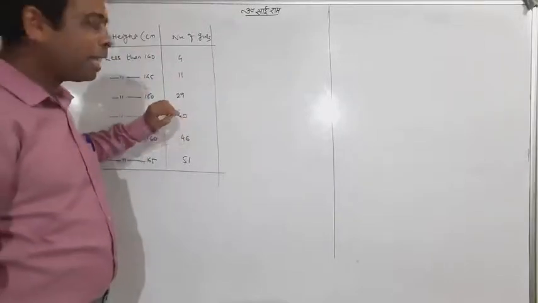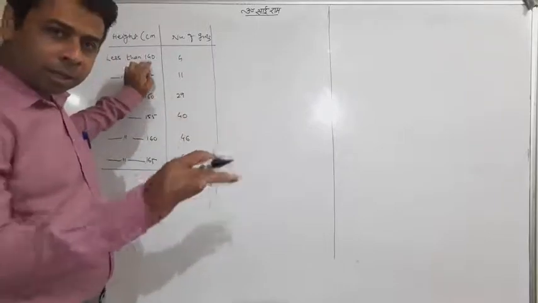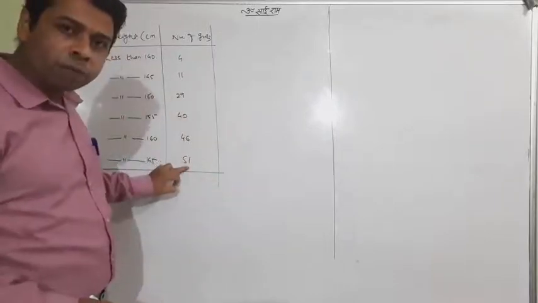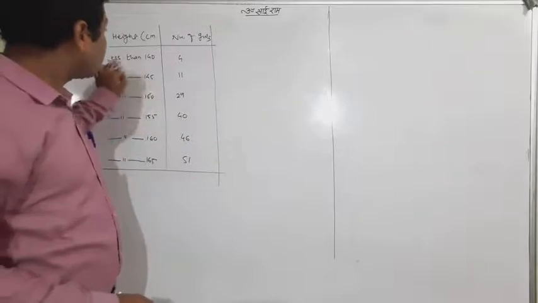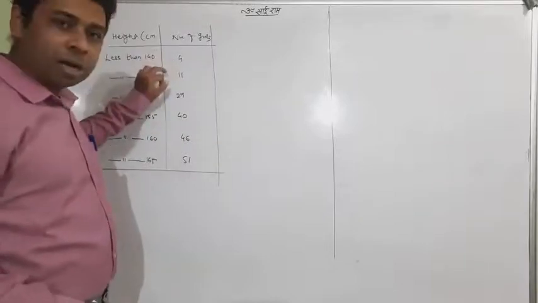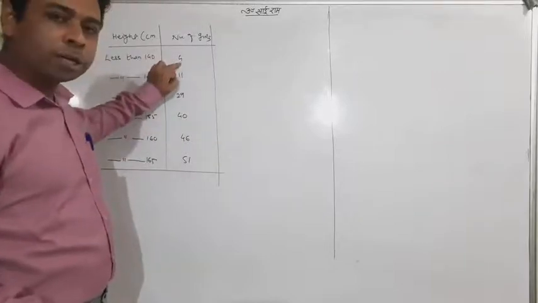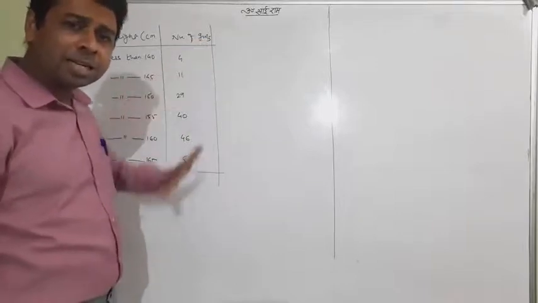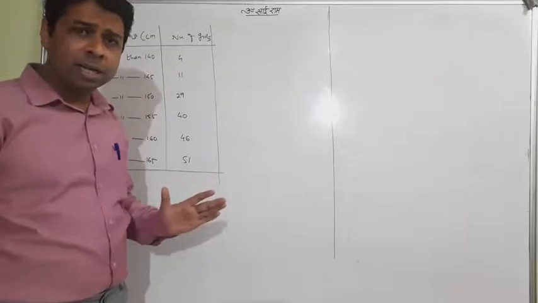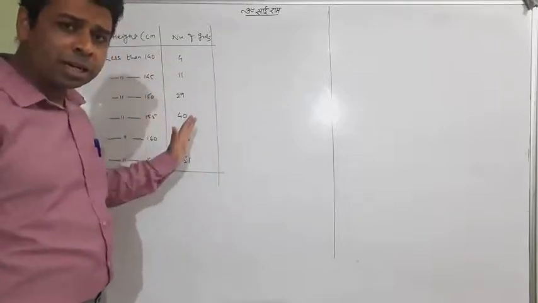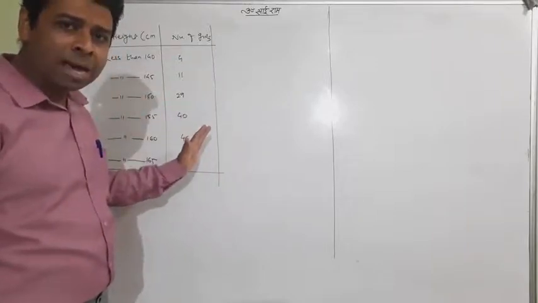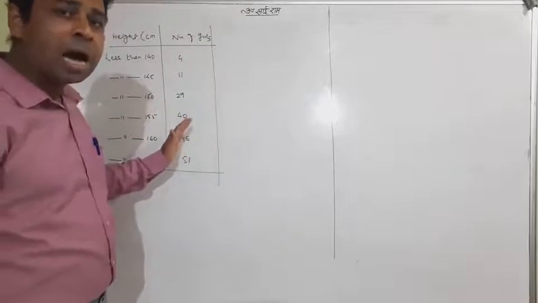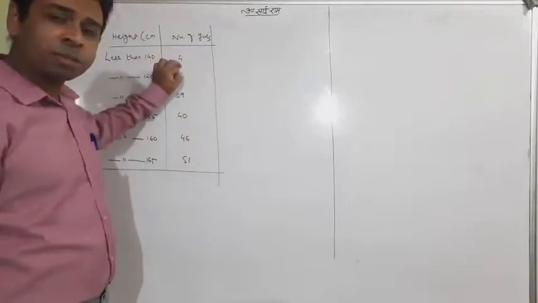So I would say that among the 51 students of class 10th, less than 140 centimeter height, we have number of girls 4. It's a very simple sentence: those girls who have height less than 140 centimeter are 4.